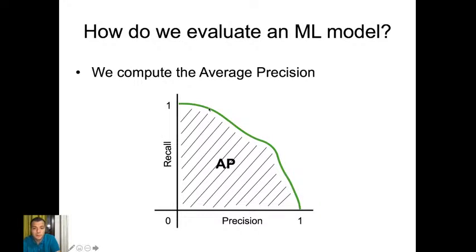So for example, if you design a test for COVID, you have to think about the false positives and the false negatives, right? You can label a person as having COVID, but actually they don't, or you can by mistake label a person who has COVID as not having COVID.